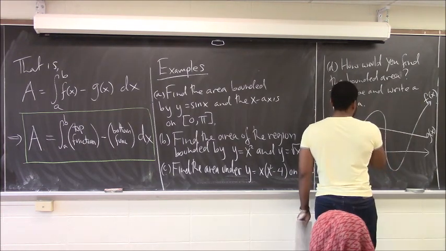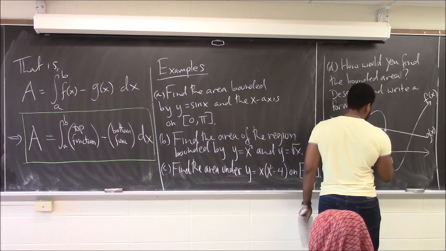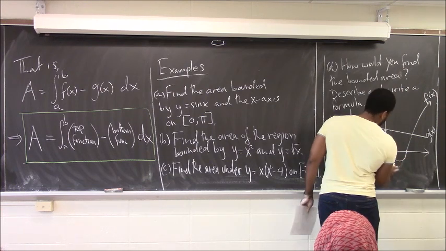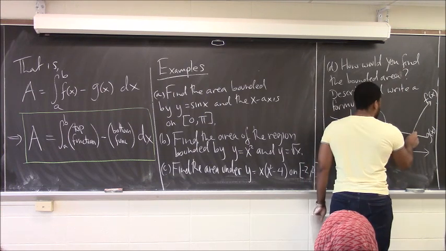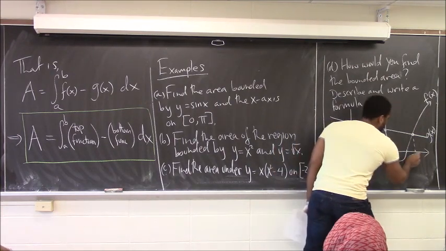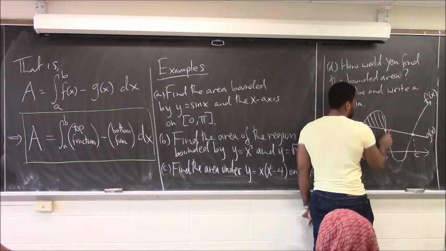They intersect here, here, and here, and call these intersection points A, B, and C. And the bounded region is going to be this.